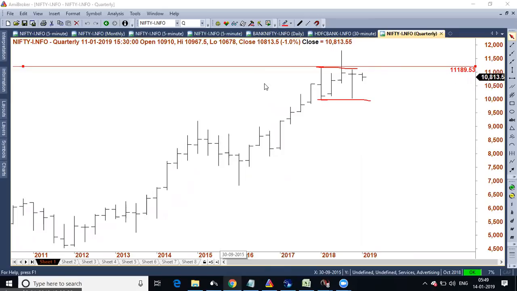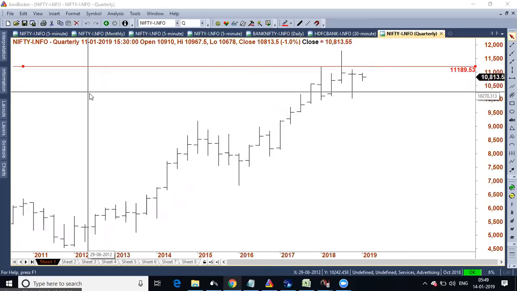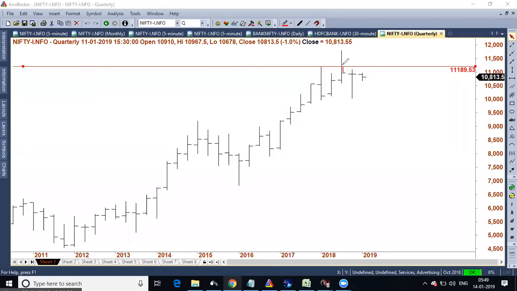In fact, in one of the quarters, price broke above the two-quarter high, and it got back into the range and created a clear excess.